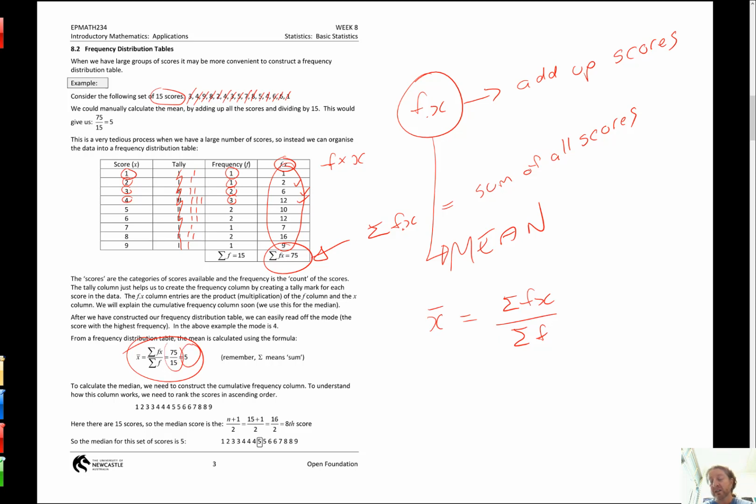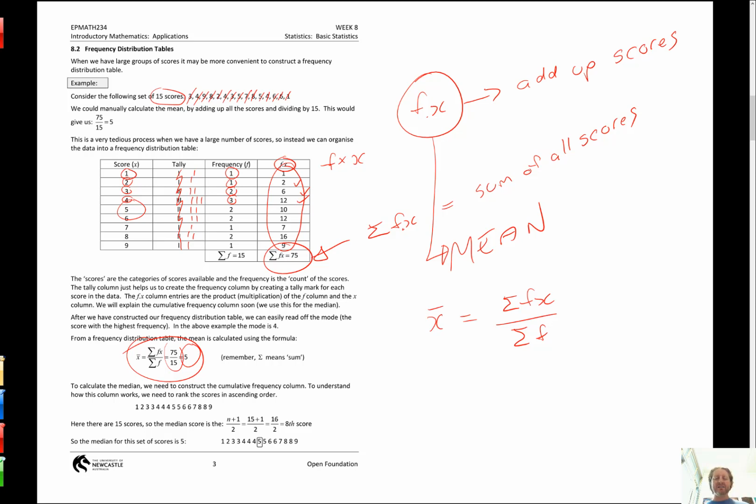That was pretty straightforward, mathematically speaking. And I also like to look at, does that make sense? If the scores range from 1 to 9 and they're fairly evenly distributed, I'm happy with an answer that's 5. I'll be happy with 4, 4.5, 4.2. I'd be happy with any answers saying that my mean score was somewhere 4, 5, 6 or something.